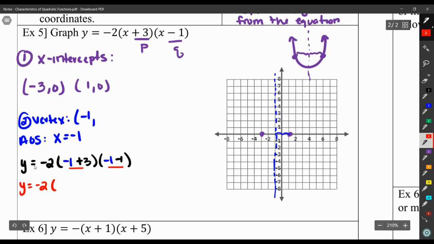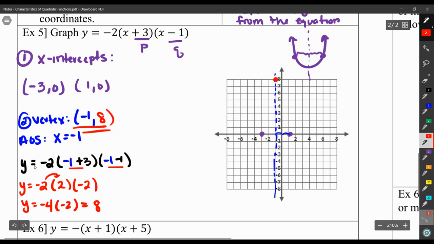So -1 plus 3 makes 2, and -1 minus 1 makes -2. Now be careful, none of these are added or subtracted. These are all multiplied together. So take them in pieces. Multiply the first two, then take your result and multiply by the last one. So -2 times 2 makes -4, and -4 times the remaining -2 is +8. So my vertex is at -1, 8.